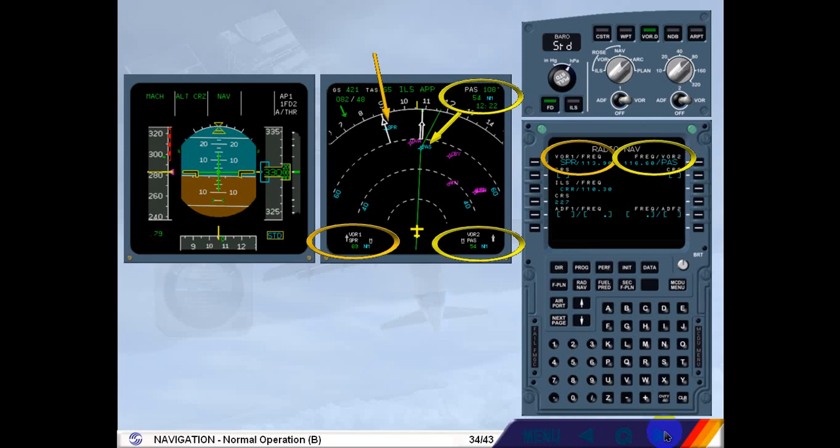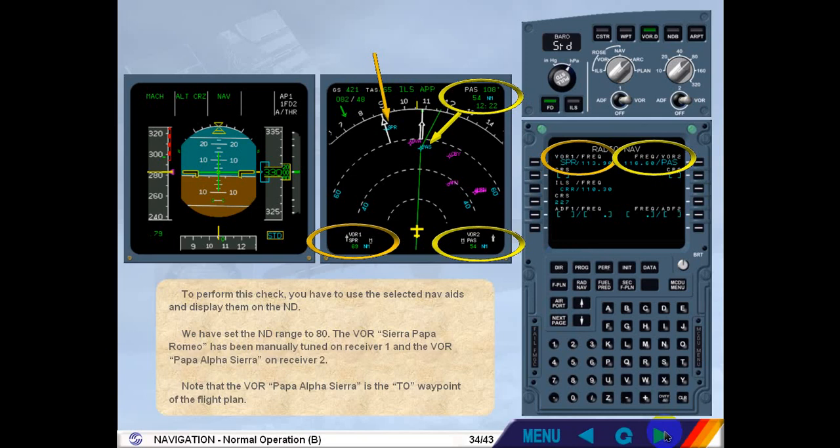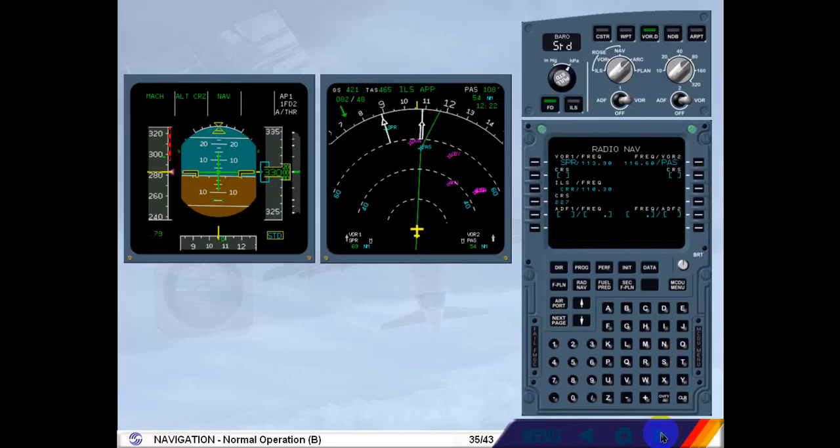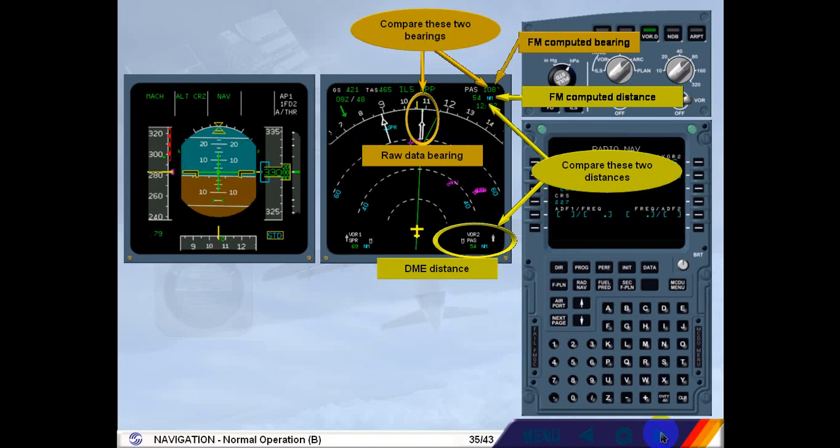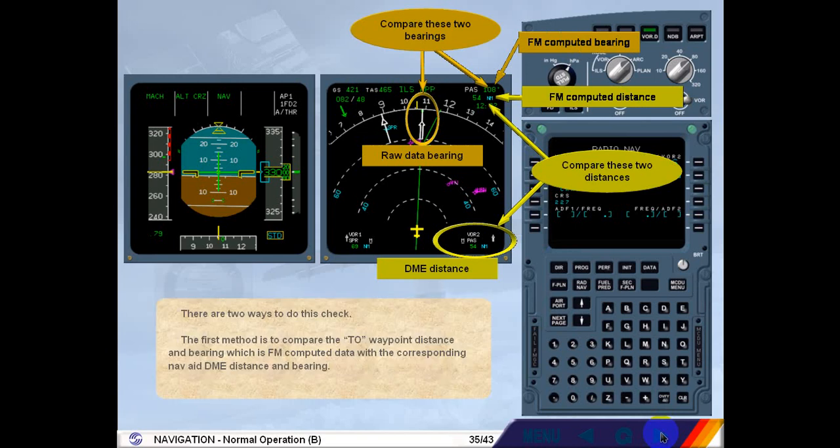Note that the VOR Papa Alpha Sierra is the 2 waypoint of the flight plan. There are two ways to do this check. The first method is to compare the 2 waypoint distance and bearing, which is FM computed data, with the corresponding nav aid DME distance and bearing. Call the progress page.